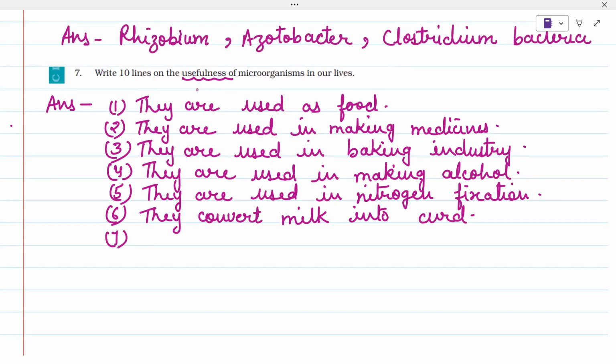Then there are few other uses as well. We can make certain cleaning agents, right? Which are helpful in various industries.